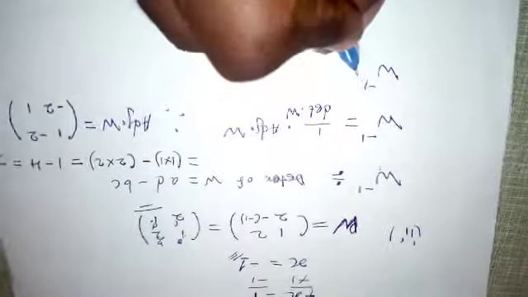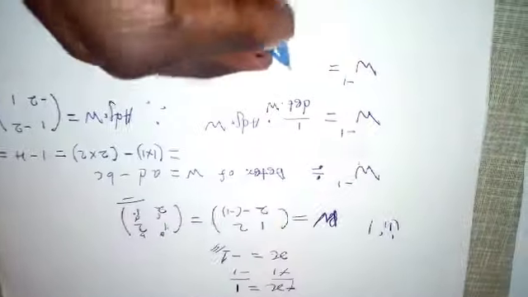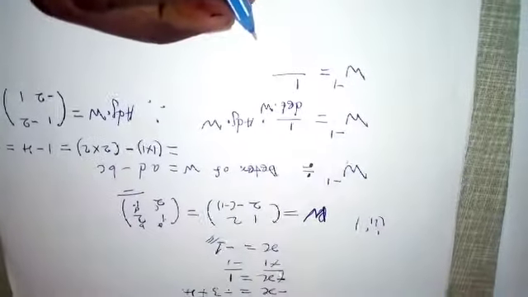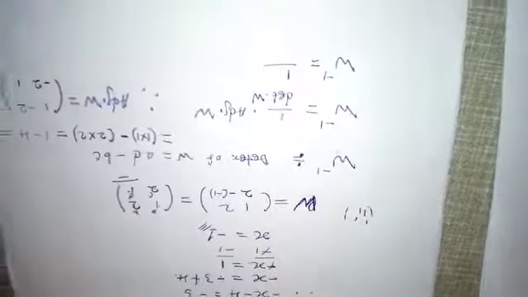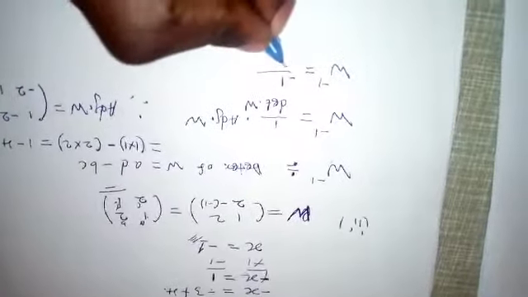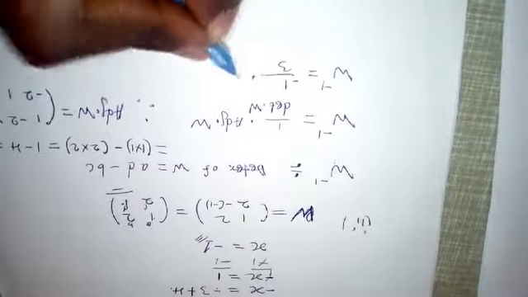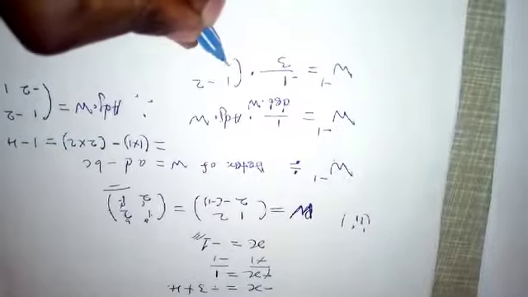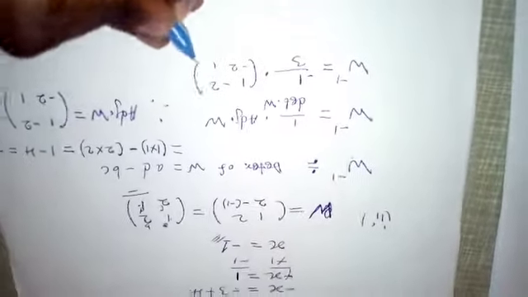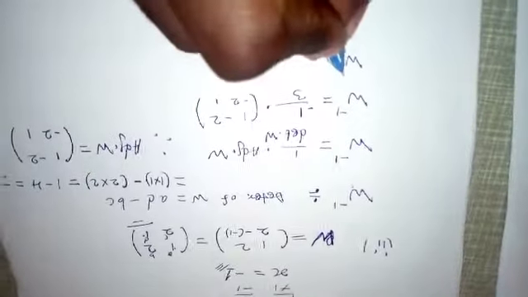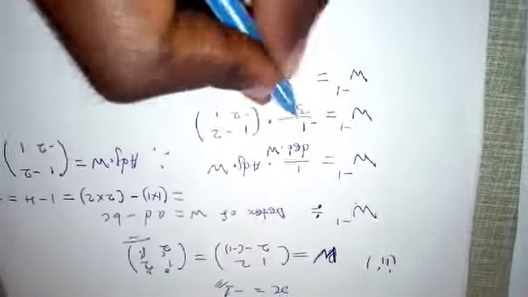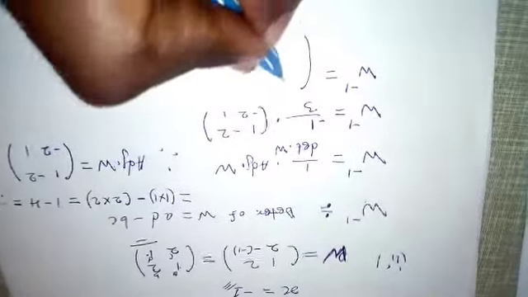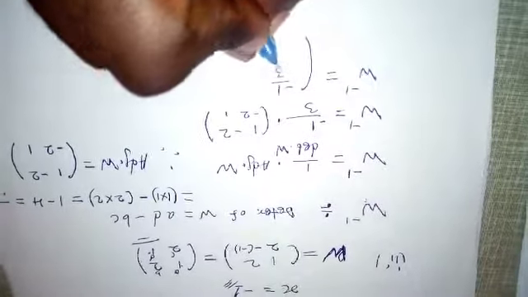So the inverse of matrix W is going to be 1 over the determinant, which was negative 3, multiplied by the adjoint, which is 1, negative 2, negative 2, and 1. Now if we multiply this, negative 1 over 3 multiplied by 1 gives us negative 1 over 3.